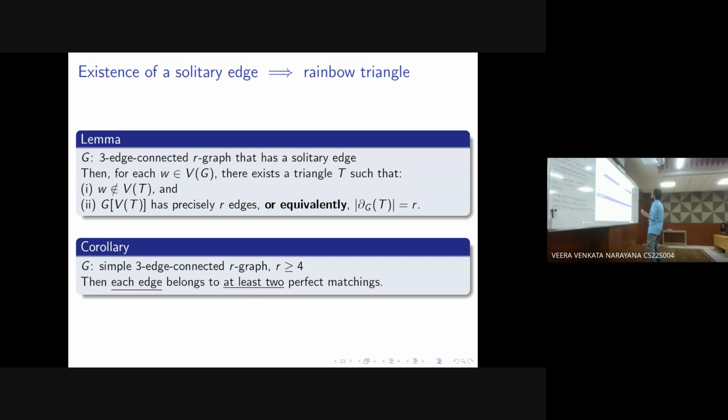So from this, we can get a triangle like this in the graph, such that the number of edges inside the triangle is exactly 4. I mean, at least 4. So if r is at least 4, we'll get at least one parallel edge. So the graph cannot be simple. So if we take any simple 3-edge-connected r-graph, then each edge belongs to at least 2 perfect matchings.